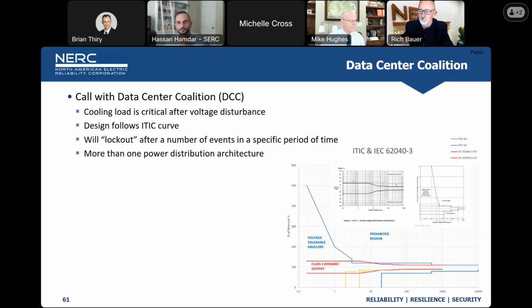So then you could go from a very large over frequency to a very large under frequency, and that kind of thing. And of course, the second thing was the voltage, right? Is that if we reject enough load that we have an instantaneous over voltage of greater than 1.1 per unit, that causes a lot of problems on the system that you want to avoid.